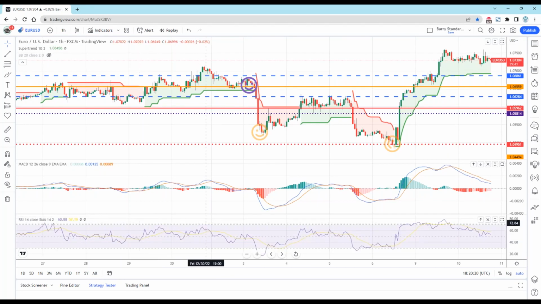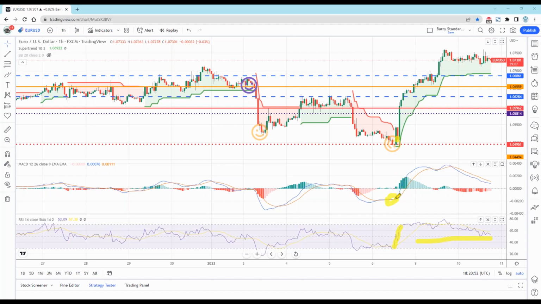Now, for instance, here we have an RSI crossover, but with no momentum, no strength. Here we have another RSI crossover. Here, the super trend indicator didn't flip till a little bit later. So we have a buy signal from MACD. We have RSI moving up slightly into overbought zone, but it is above the 50 line.